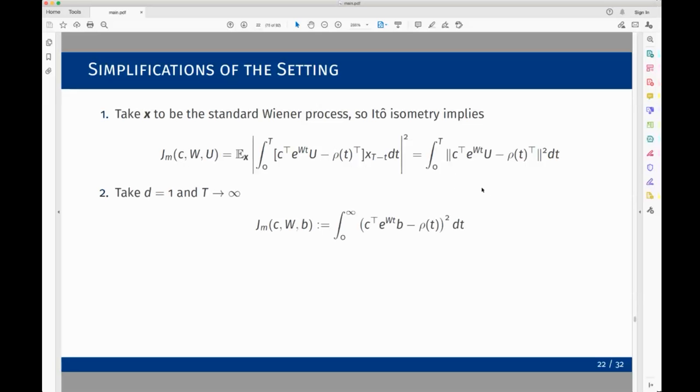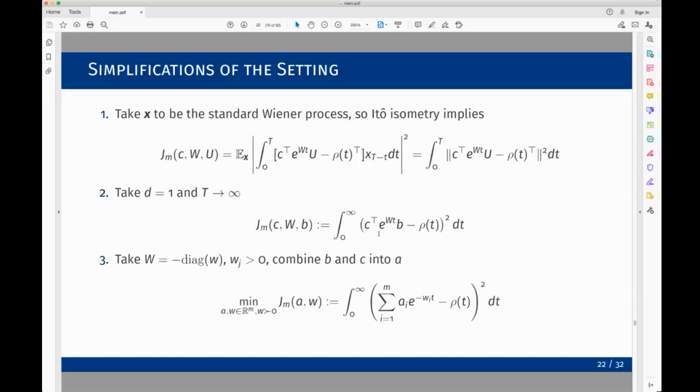Then we assume d is only one-dimensional, which is not important. For simplicity, we assume T goes to infinity, which makes the integral explicit. Finally, in order to compute the gradient easily, we restrict the recurrent kernel to the diagonal case.